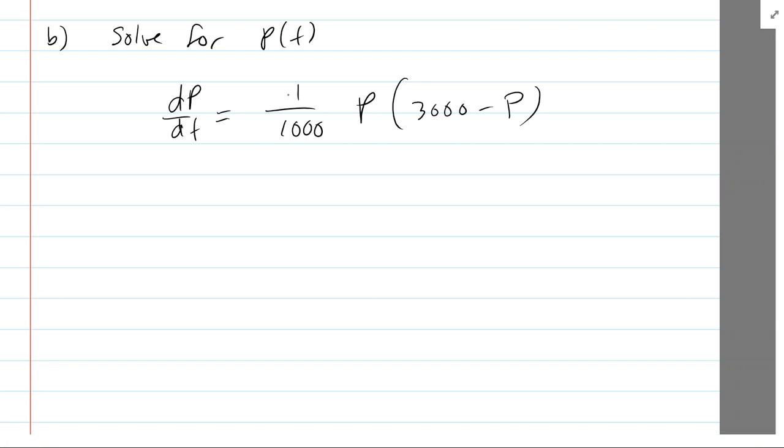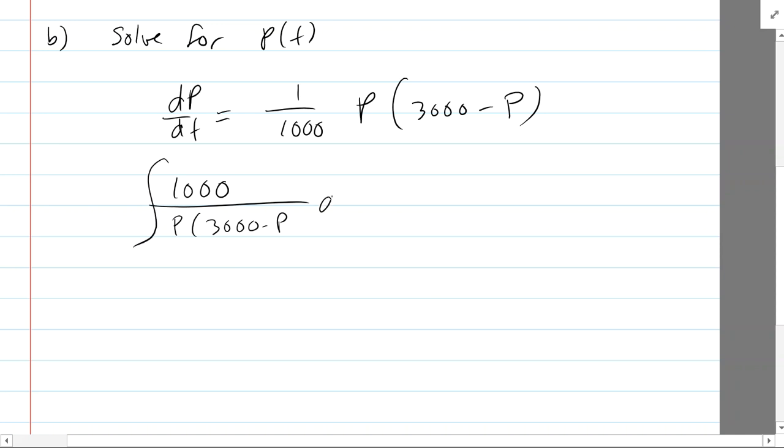We can. You could leave it there and then integrate it, and you're going to have to deal with it flipping forever. But instead, can we move it to the other side? Do you like 1/1000, or would you prefer 1,000? I prefer 1,000. So can we flip everything? Can we go 1,000 divided by P times (3,000 minus P)?